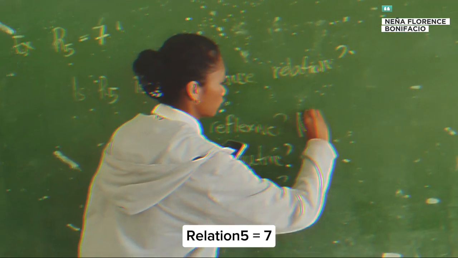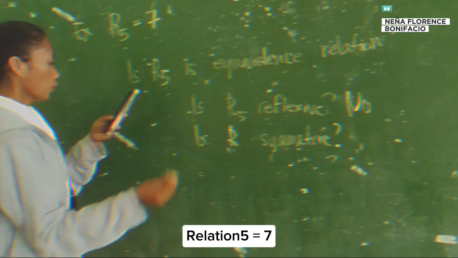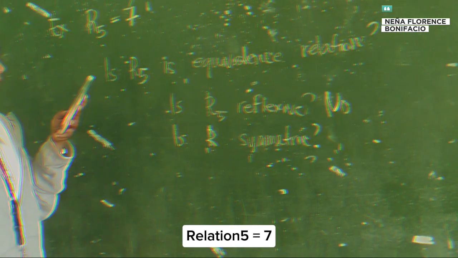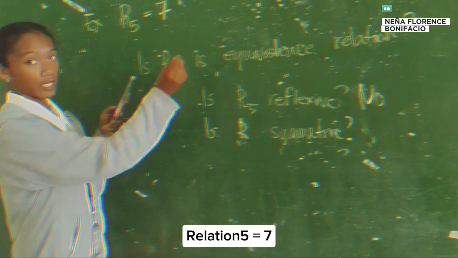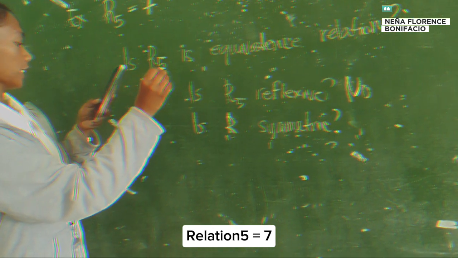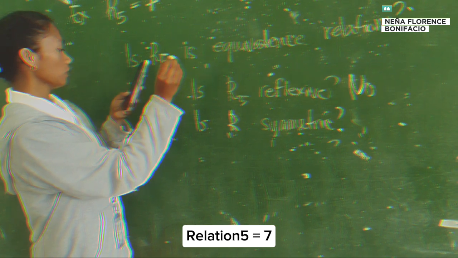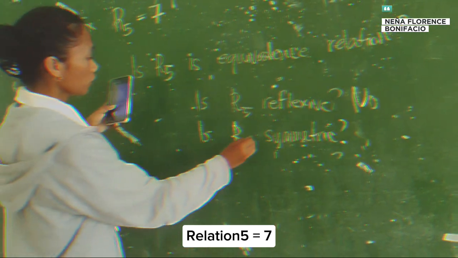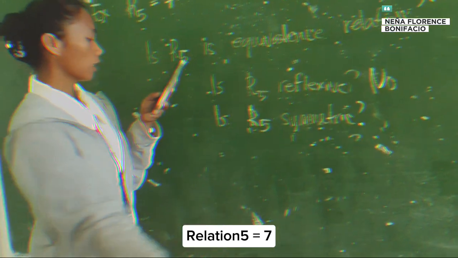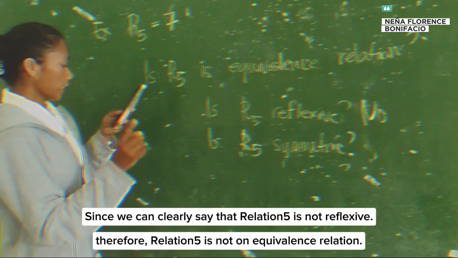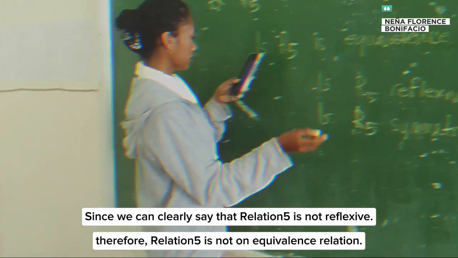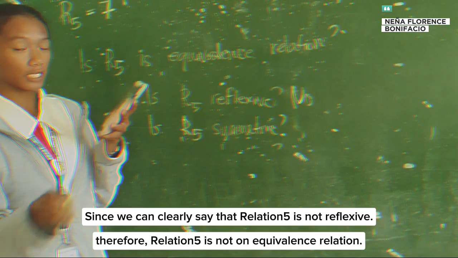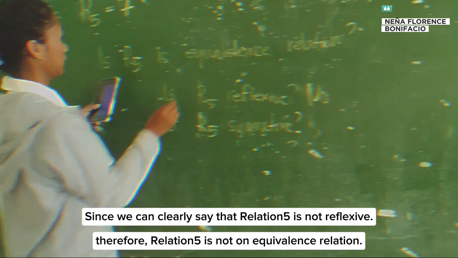No. We know that relation 5 is not reflexive because it is an empty relation with no ordered pairs. Is relation 5 symmetric or not? Since we can clearly say that relation 5 is not reflexive, the relation 5 is not an equivalence relation.